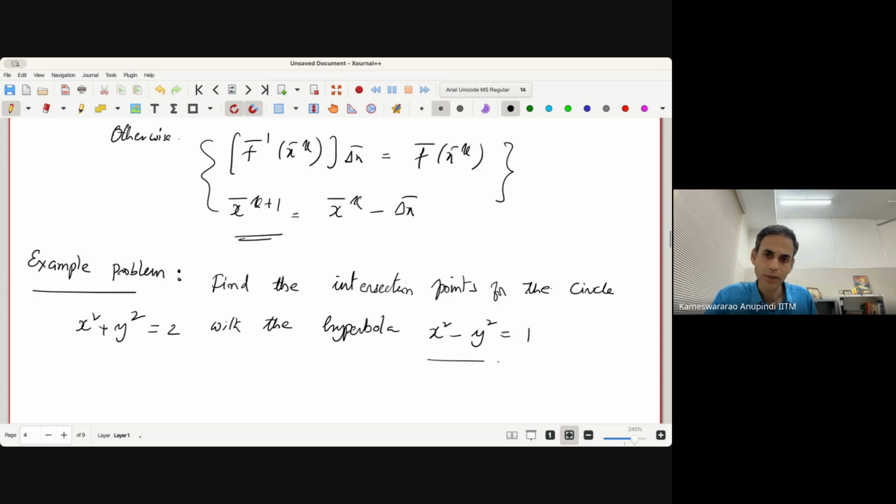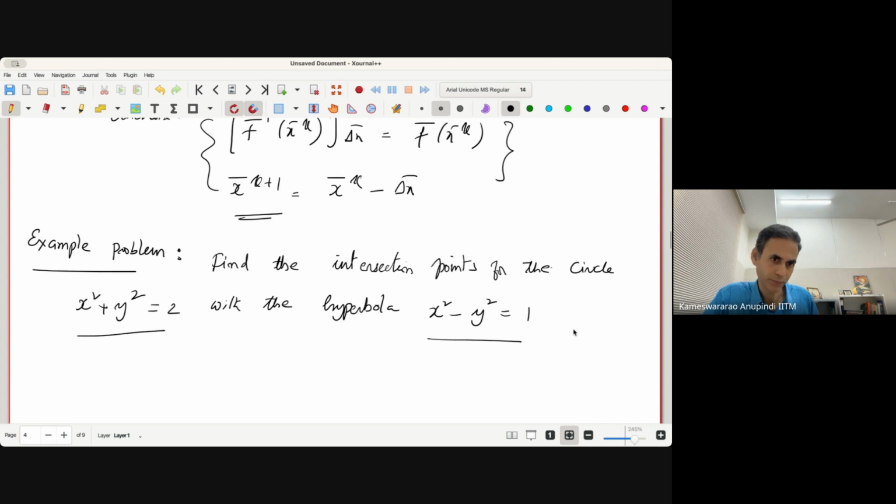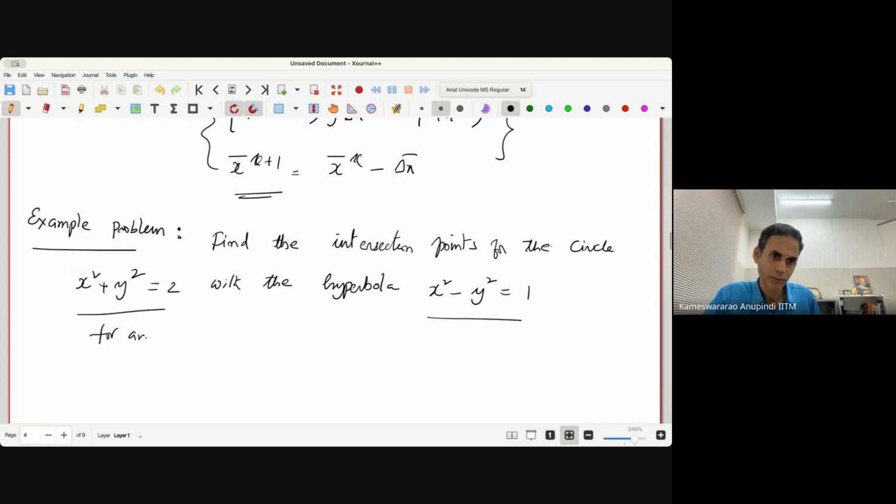We are given a hyperbola and a circle, and we need to calculate the intersection points for an initial guess of x bar 0 equals 1 comma 1.